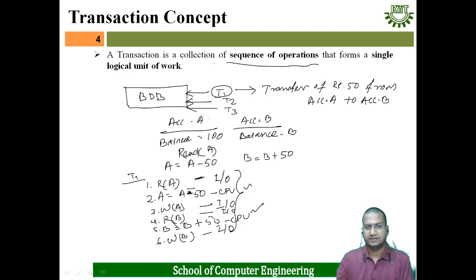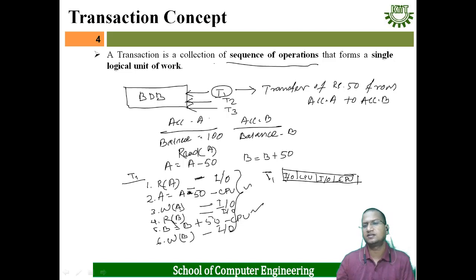Understood? Suppose one transaction T1 is there, how will it be executed? Some of the instructions are IO bound operations, then some instructions are CPU bound operations, then another instruction is IO bound, then another is CPU bound.